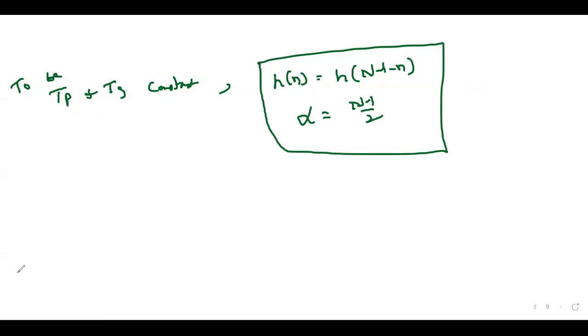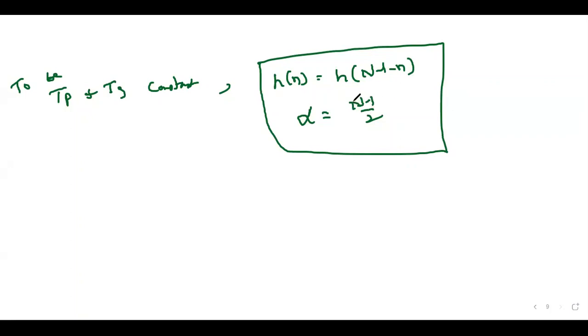Okay. So these are the conditions for the TP and DG constant. Here also, the phase, if you want to write this symmetry, this is called the alpha value constant. This constant may be an integer value or a floating value.